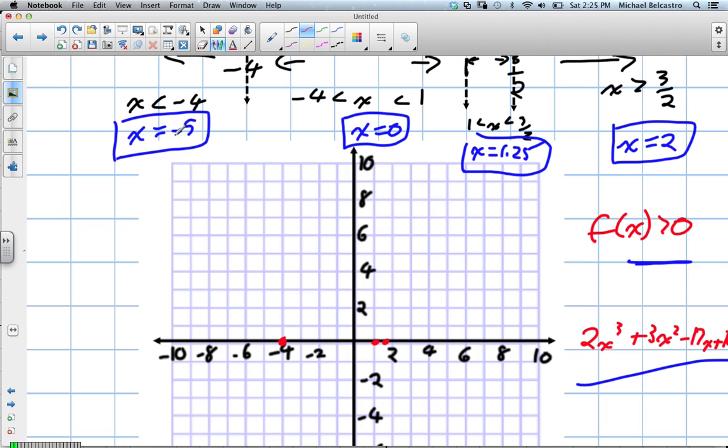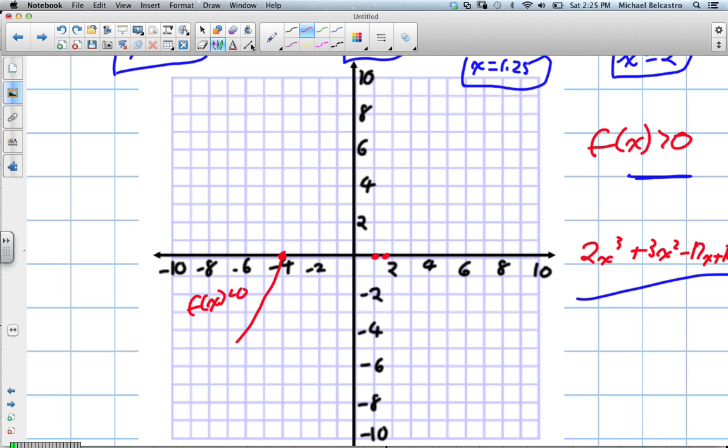Well, when x was less than -4, f at x was less than 0, so we knew we were down here. Then between -4 and 1, f at x was positive, right? And I'm going to draw lines across this just so we get the idea. These were our intervals.